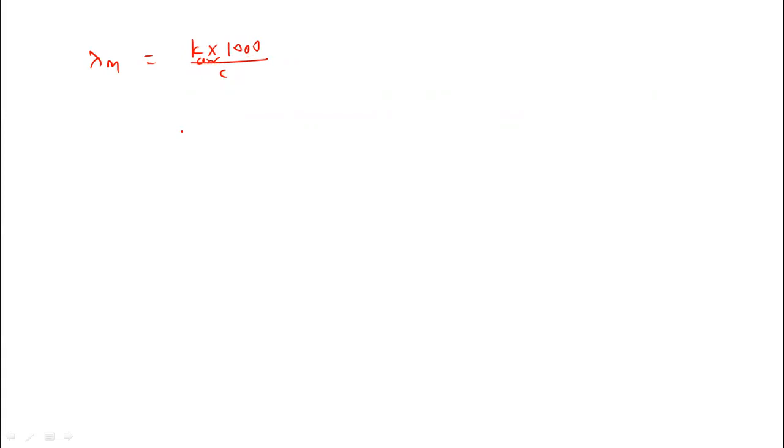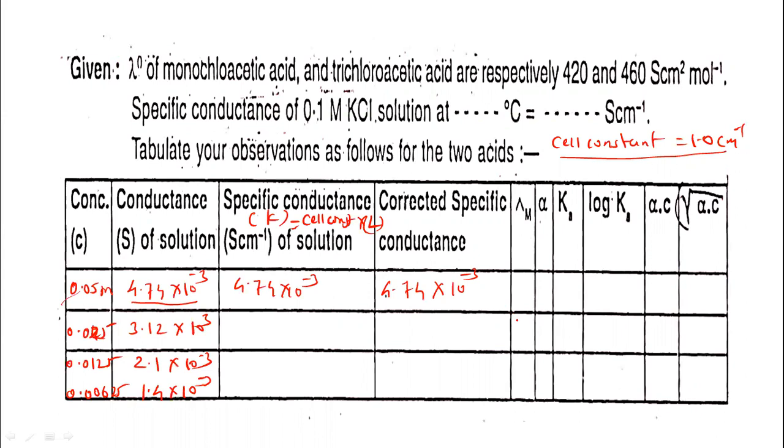For 4 concentrations we have to calculate the molar conductance, and let us write all those values here. Then we have to calculate the degree of dissociation alpha. Alpha is equal to molar conductance divided by molar conductance at 0 concentration.